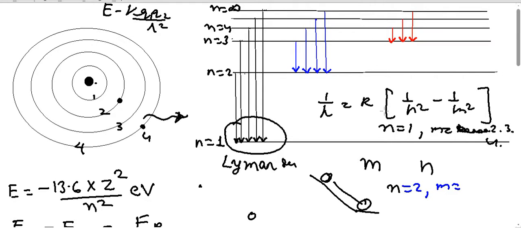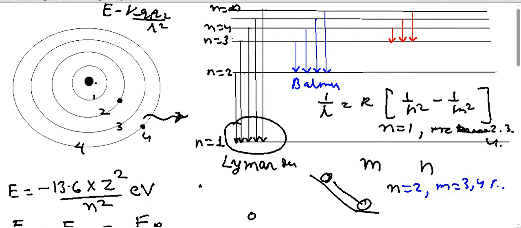This is the Balmer series. So the Balmer series is obtained when an electron jumps from higher states to the second orbital.